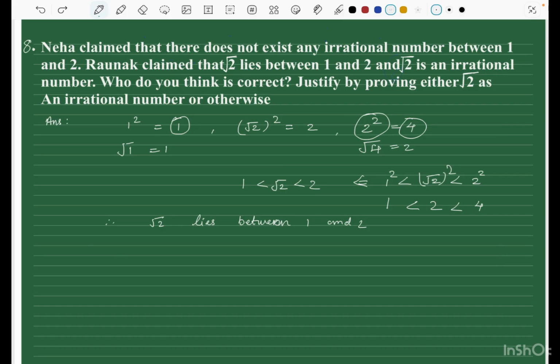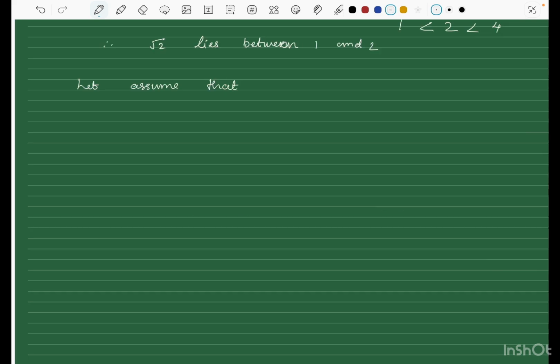Next we have to prove that root 2 is an irrational number, that we have done before in the chapter. Let us assume the contrary, root 2 is rational. Then we can write root 2 as p by q form. Let it be a by b, where a and b are integers and b not equal to 0.